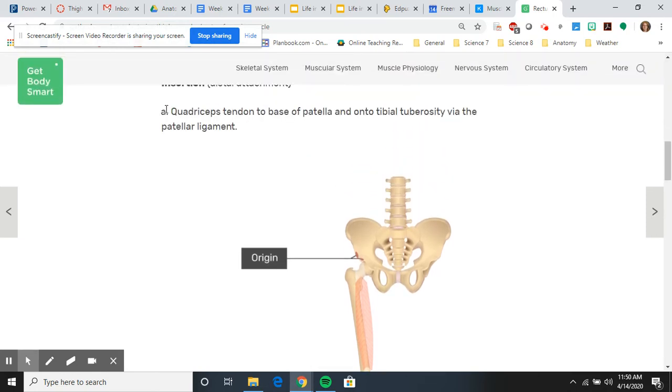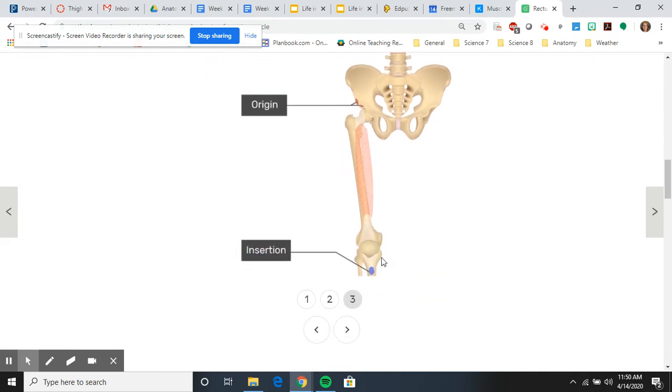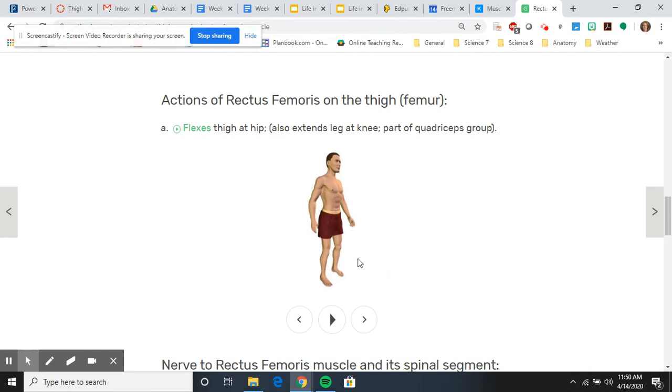So it's the quadriceps tendon. That's what they're calling this tendon here. And this one, it flexes the thigh at the hip, I suppose. Not all of them do, but the others extend the leg at the knee.